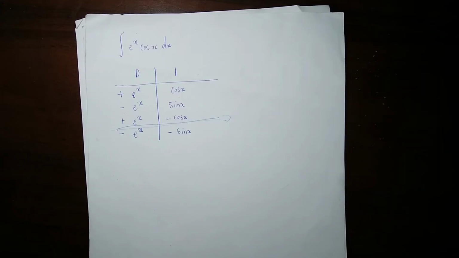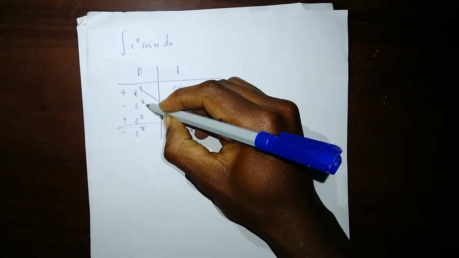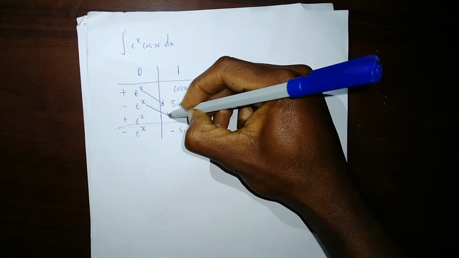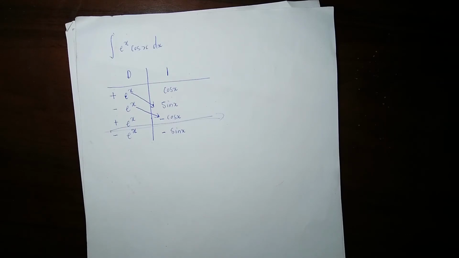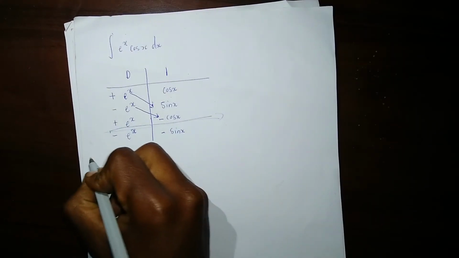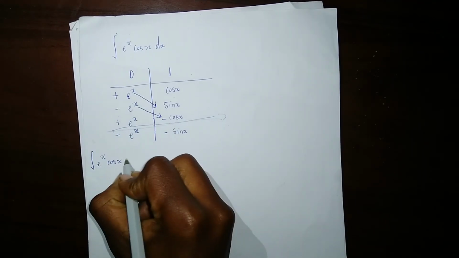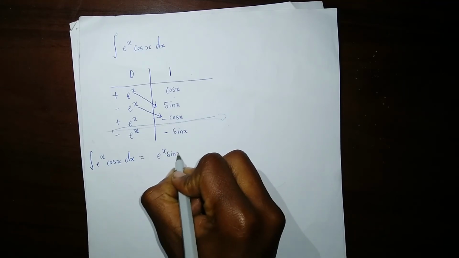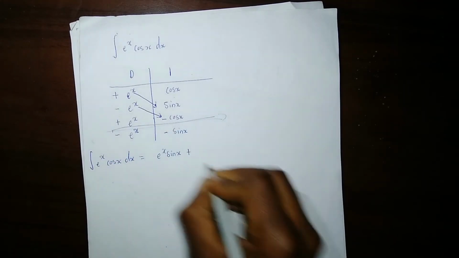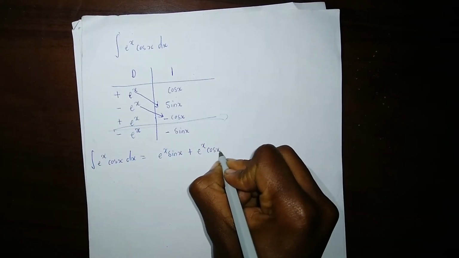Right, so we are going to cross multiply. So e to the power x times sine x, negative e to the power x times negative cos x. Right, so we are going to say integral e to the power x cos x dx is equal to e to the power x sine x plus negative times negative plus e to the power x cos x.